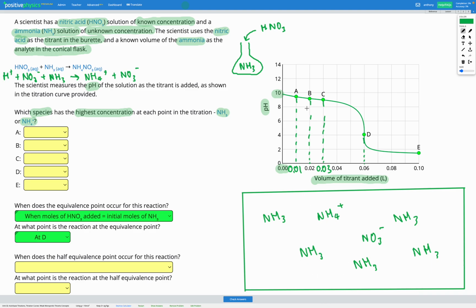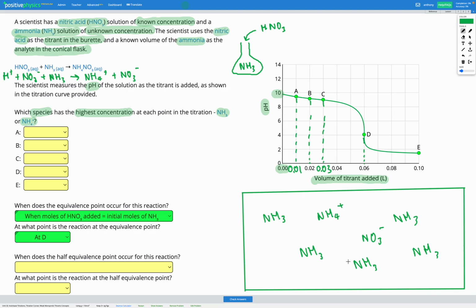Now, our goal is to figure out which species has the highest concentration at each point. Do we have more NH3 or more NH4+? So to start out, we just have NH3. Then as we add our titrant, we're getting more NH4+ formed. At some point, we're going to have equal amounts of NH3 and NH4+. So the point when that happens is going to be where we have half of our NH3 reacted into NH4+.